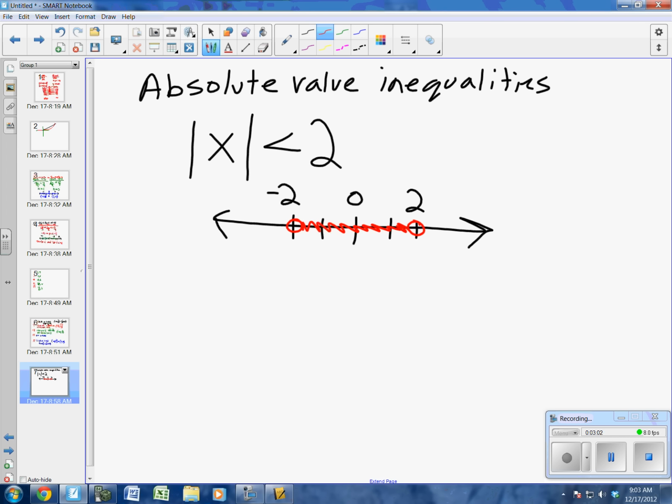So you think this is an and statement? Because the numbers outside don't work. Yeah. How would I write the two inequalities that would represent this? X is greater than negative 2, and x is less than 2, right? Those would be my two inequalities.